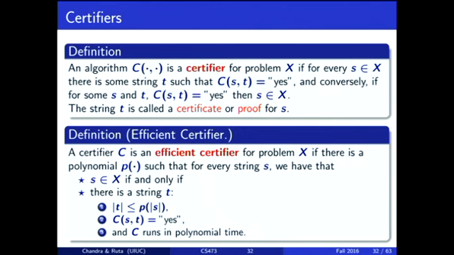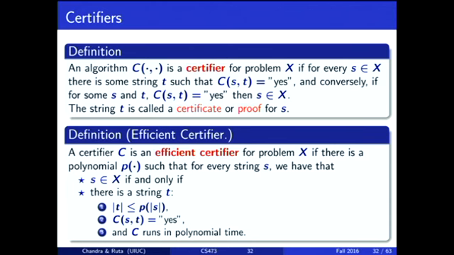So let me define what's called a certifier. An algorithm for a problem is called a certifier if it has the following properties. It takes two inputs. The first input is the input to the original problem, x. Think of SAT. What is the input to SAT? It's a formula. And what is the second input? The second input is what I'll call a proof, another string.